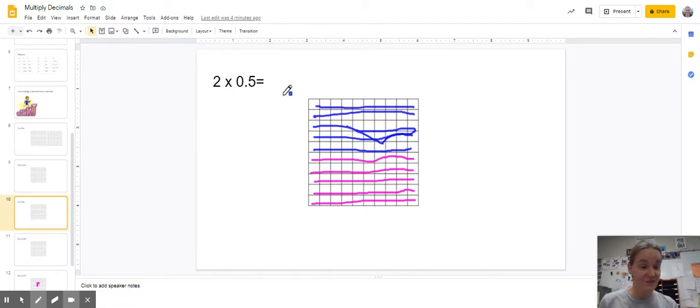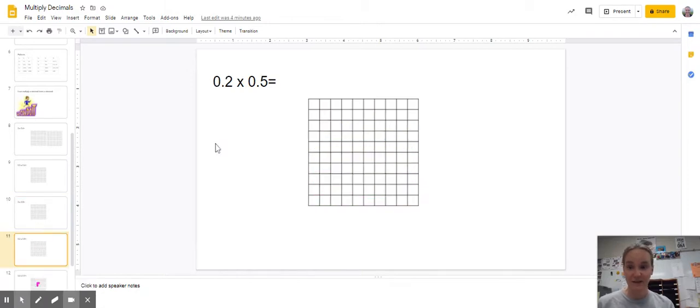All right, so 2 times 5/10, I have my whole thing colored in, no extra, none left over, so I just have 1 whole. And that makes sense because 2 times 5 equals 10, and I moved my 5 to 5/10. That's 1 place value different, so my answer would be 1 place value different. Okay?